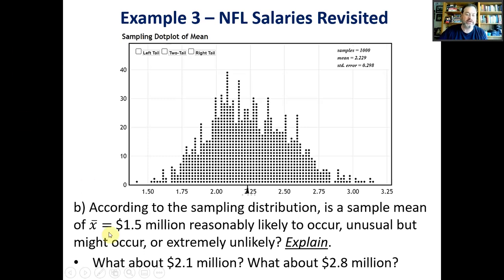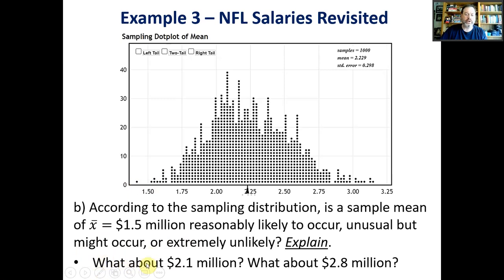So this 1.5 million, it's way over here. In fact, there's only 1 dot in the entire distribution that's as unlikely as that sample statistic. So if there's only about a 1 in 1,000 chance of getting a sample statistic that's that unusual, then that's very unlikely, so extremely unlikely.